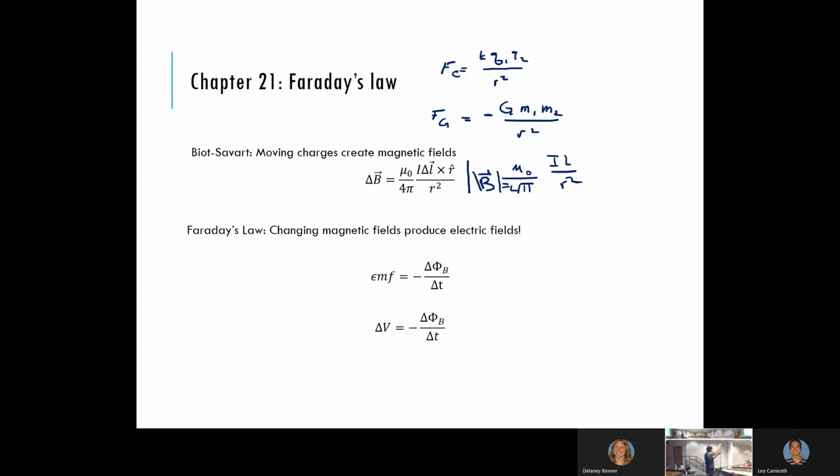As the north pole falls towards that black segment of my loop, I have more and more field pointing down. So current will run in the loop to oppose that change. In other words, current will run in this copper pipe to generate a magnetic field pointing in which direction?